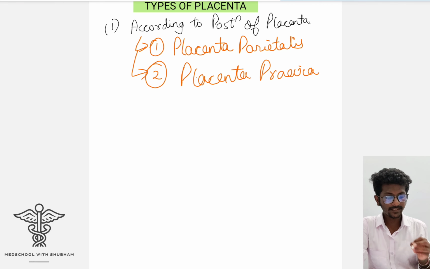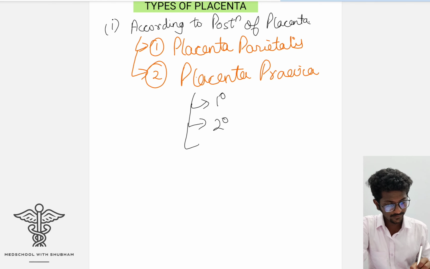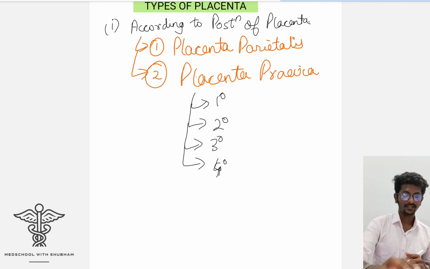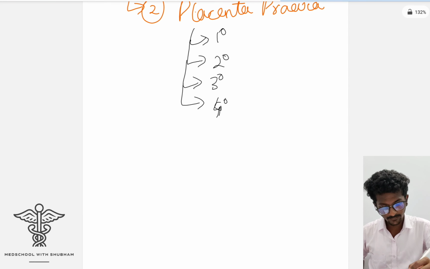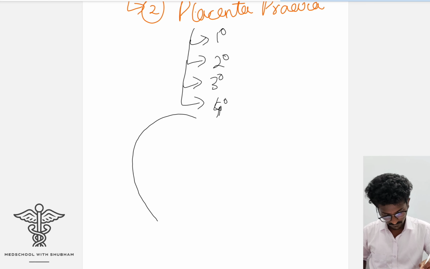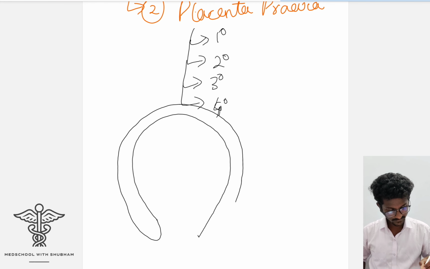And there are four types of placenta praevia: the primary, the 1 degree, 2 degree, 3 degree, and the 4 degree placenta praevia. In this way, there are four types of placenta praevia. So let's draw the diagram for that. So this is the uterus.